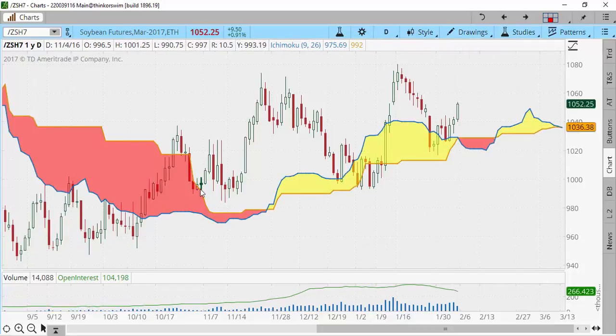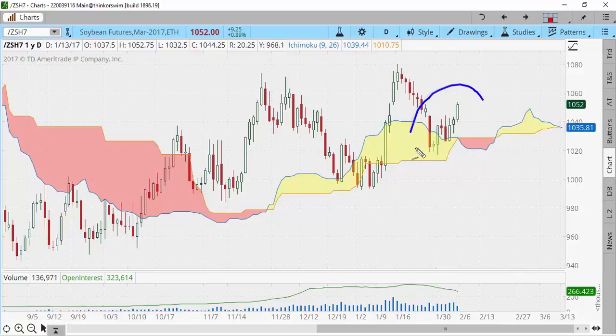All right, so ignore the color of the cloud, pink and yellow, don't care about it at the moment. Just want to tell you that as long as price is above the cloud, I would deem it as an uptrend. Price below the cloud, I would deem it as a downtrend.